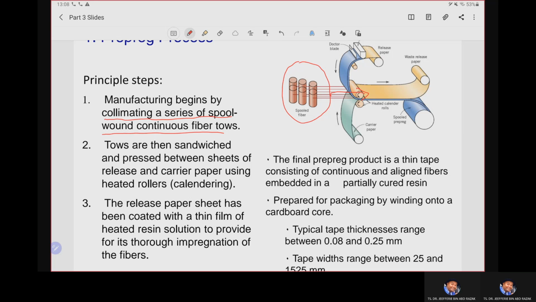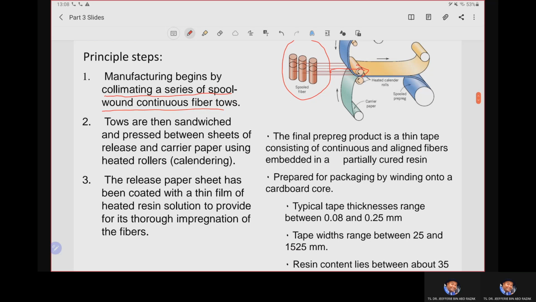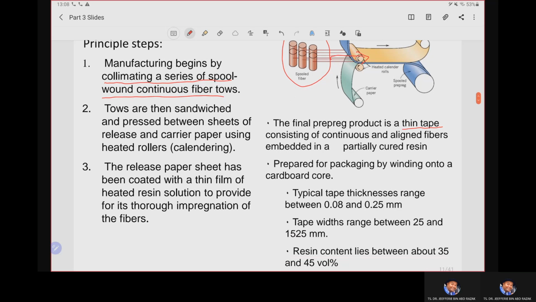Then the release paper sheet is coated with a thin film of heated resin solution to provide thorough impregnation of the fiber. So the prepreg product is basically a thin tape consisting of continuous and aligned fiber embedded in a partially cured resin.